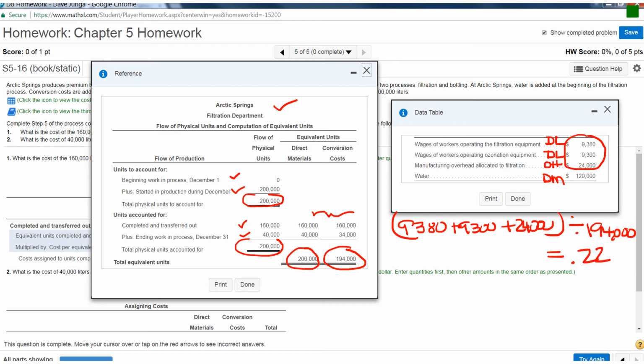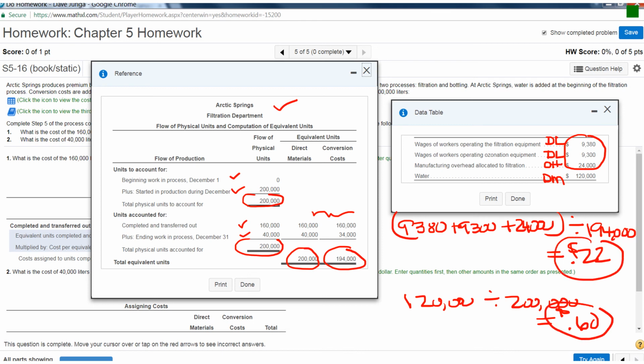That's your cost per equivalent unit. For the water, it's just 120,000 divided by the 200,000. That's going to give you a 60-cent cost per equivalent unit. So if you go back and look at the previous slide and you're wondering where they got the 22 cents and the 60 cents, this is what they would have done. Simply, it's just dividing to get your cost per equivalent unit.